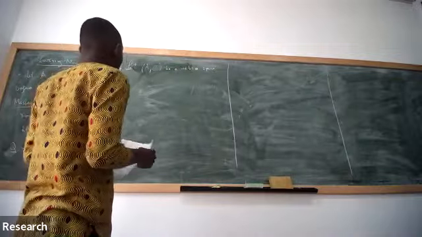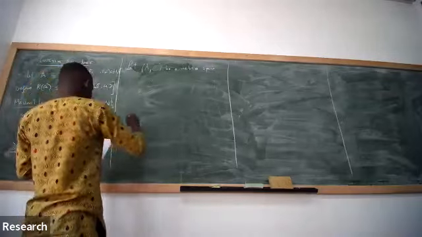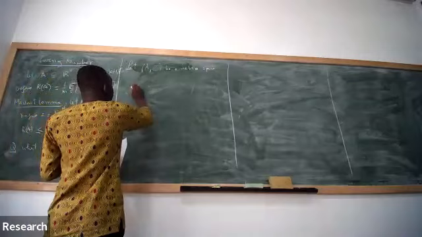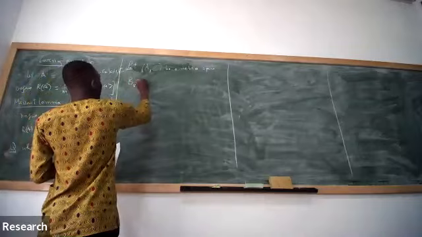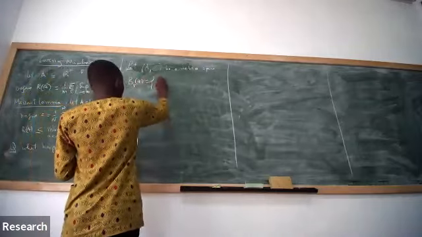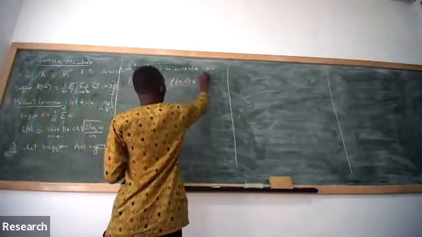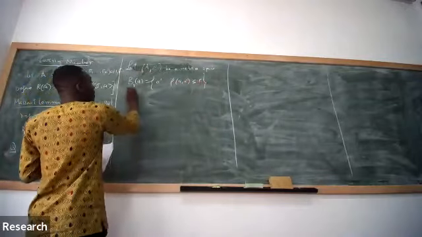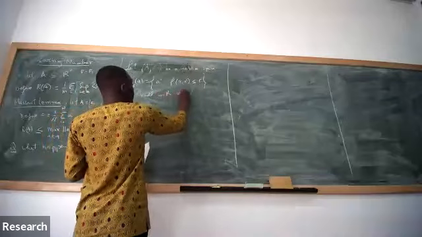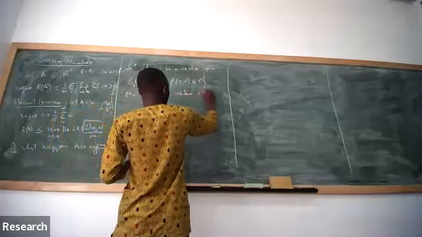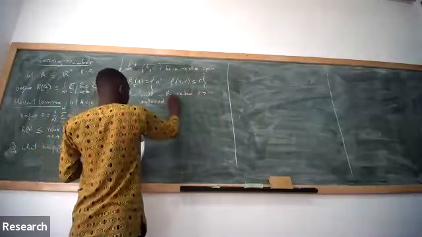If we fix r, we can define a ball with radius r centered at a. So B_r(a) is the set of a prime such that rho(a, a prime) is less than or equal to r. This is called the ball with radius r and center at a.